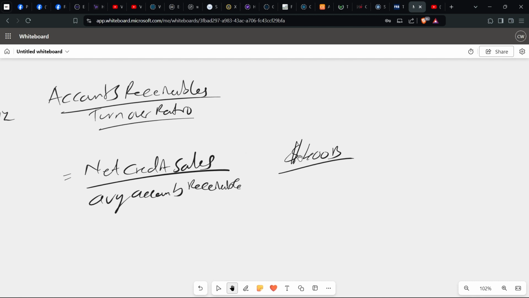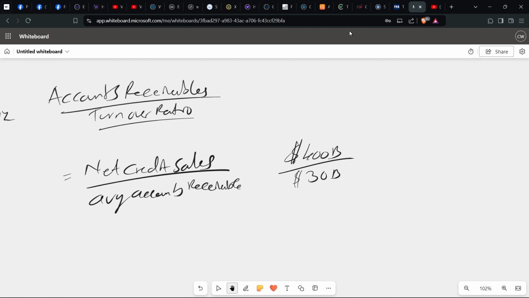Let's say through the whole year, credit sales amounted to $400 billion. And then on the balance sheet, the average accounts receivable is around 30 billion. So we have 400 billion divided by 30 billion.